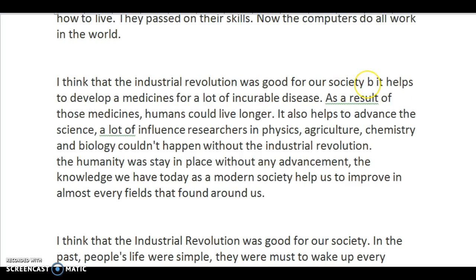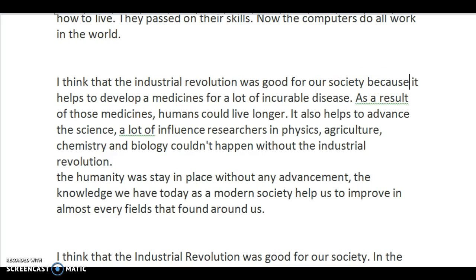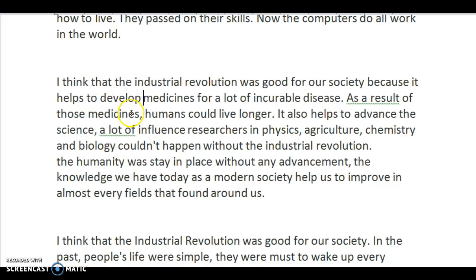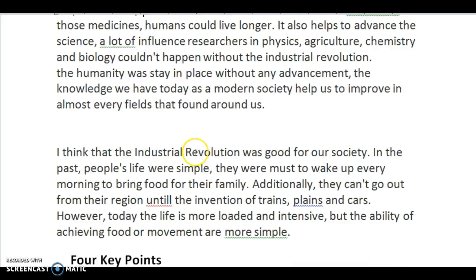It gives me the reason. So I'm going to write the word because it helps to develop medicines. Medicines is plural. So basically, by playing around and using these tools, I am getting a better piece of writing.